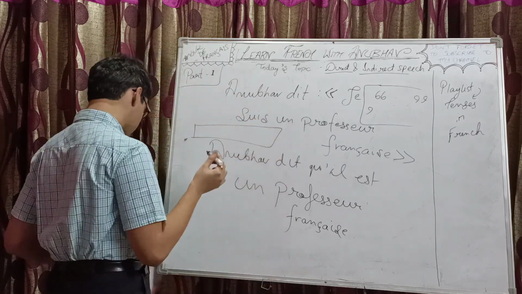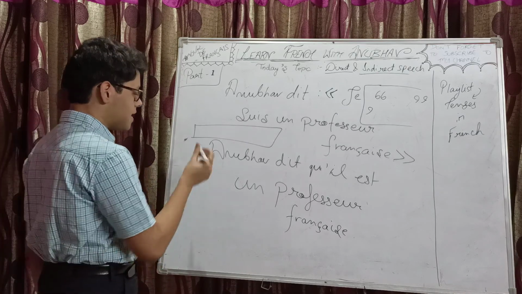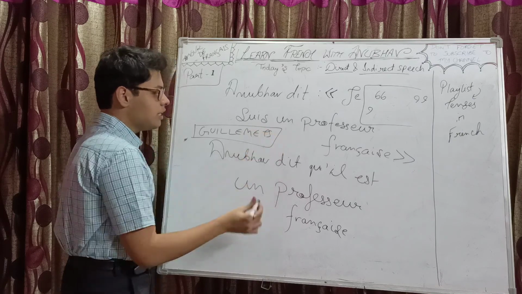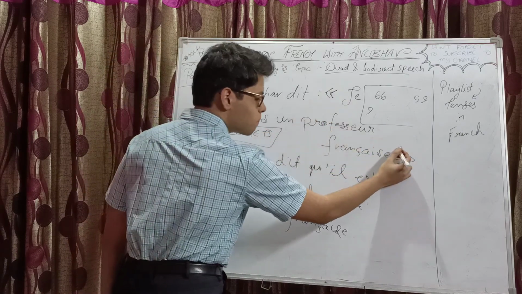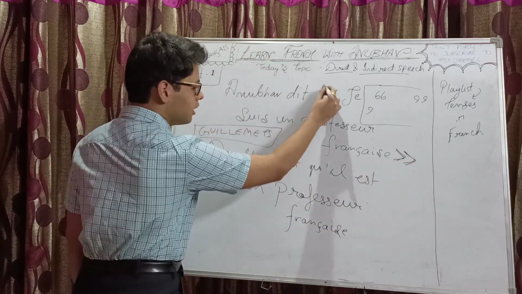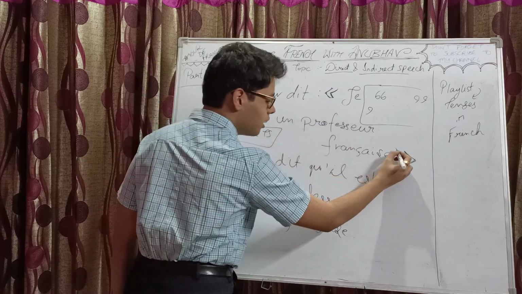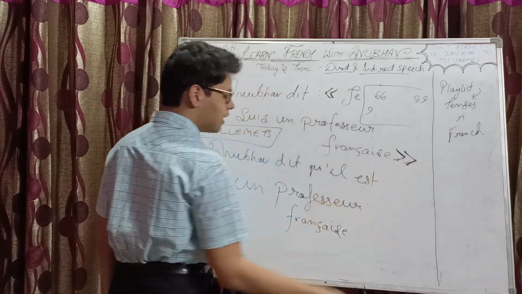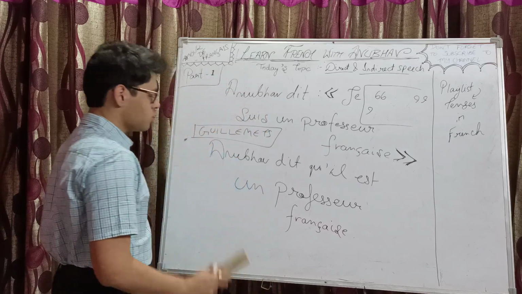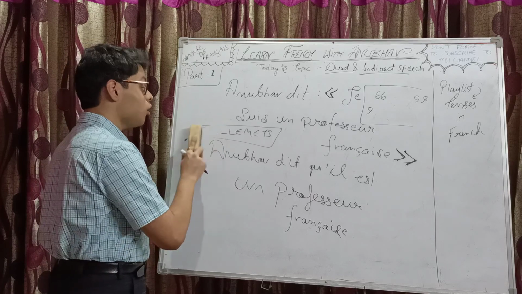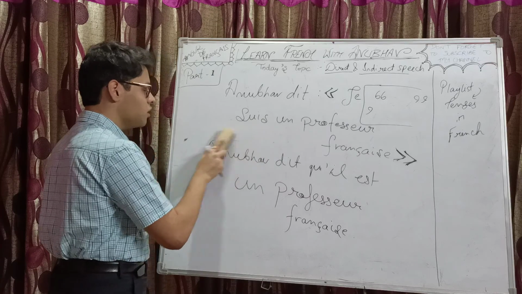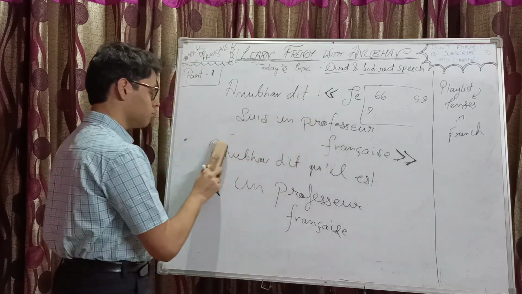Let me write it here. These double brackets, similar to greater than, less than, like this at the opening and this at the end. So that's how we do the punctuation for direct speech in French. We don't use double inverted commas in French, we use these brackets and colon.